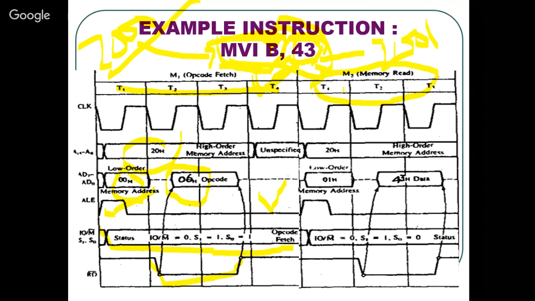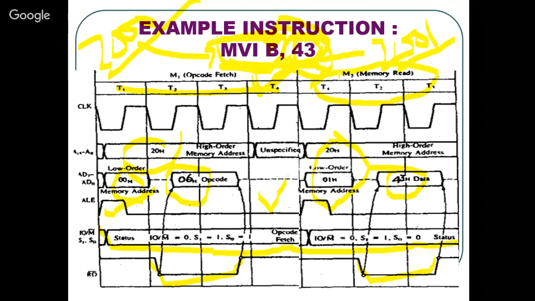In the second machine cycle, this 43 is read from the 8085 memory, from location 2001, data 43. Because 43 is also part of the instruction saved in memory, the IOM line goes low and the read bar line also remains low. The total is 4 plus 3, 7 time states.